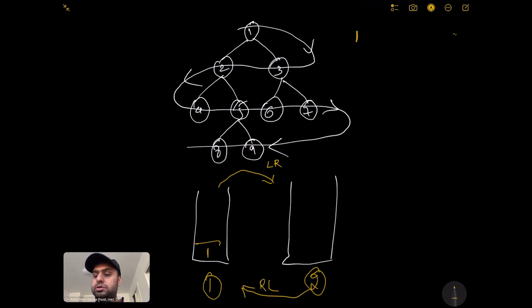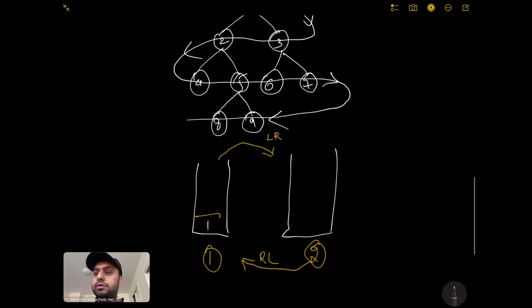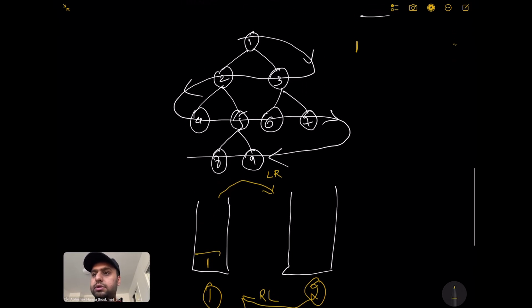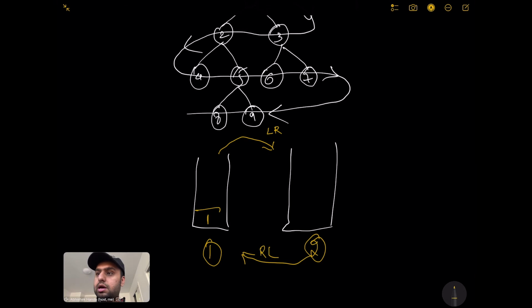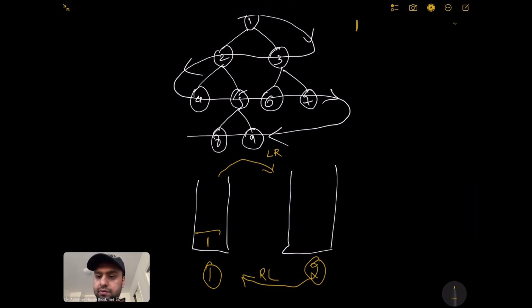Okay, so let's quickly try to dry run this on this tree. So 1, I have already iterated, I can remove that from the stack. I'll remove it and put its children here, first 2 and then 3. Now stack 1 is empty, I can move to stack 2.